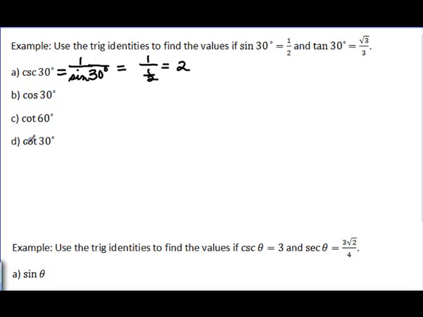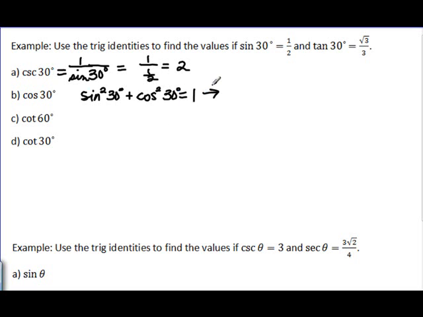What about the cosine of 30 degrees? You probably know it because we've just talked about it, but we can do it in terms of the Pythagorean identities. If we know that sine squared plus cosine squared has to be 1, that would tell us that sine squared of 30 plus cosine squared of 30 is going to be equal to 1.